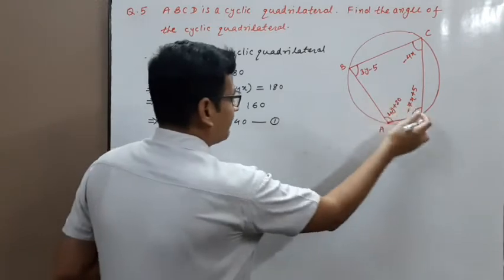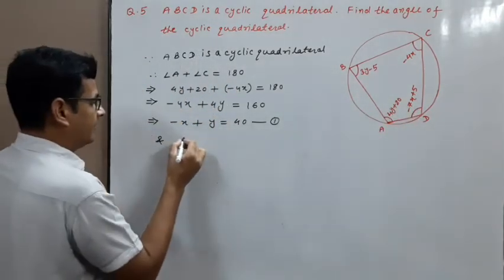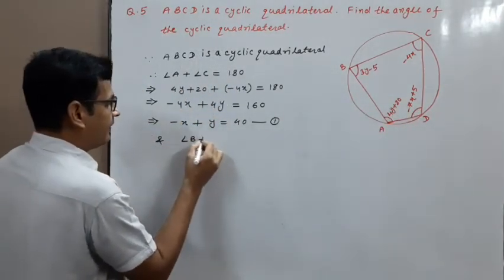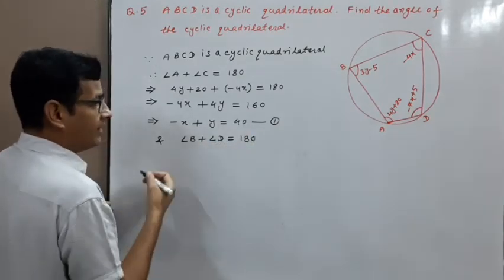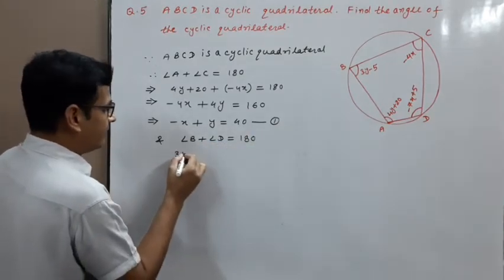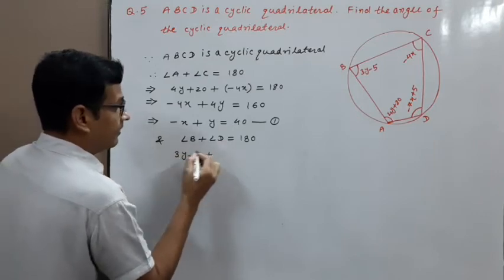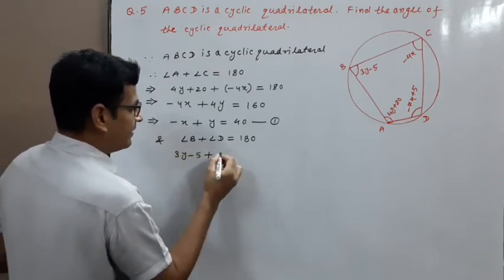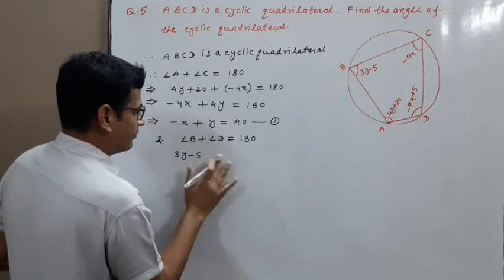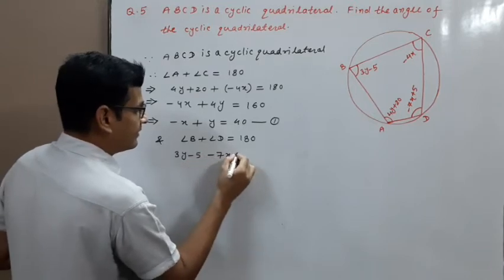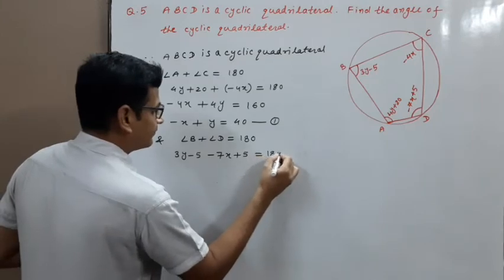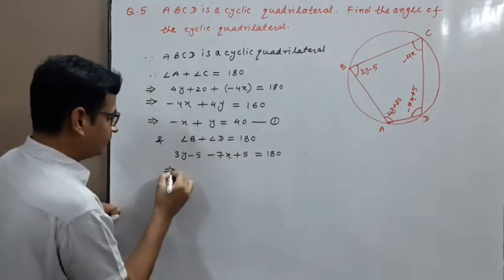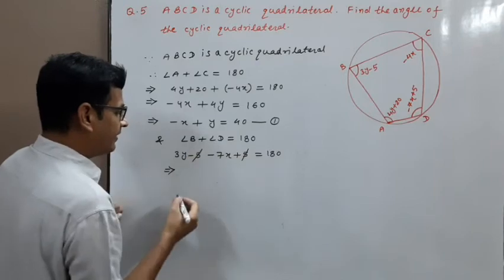And angle B plus angle D also equal to 180 degrees. Angle B is 3y minus 5, angle D is minus 7x. So write minus 7x plus 3y minus 5 is equal to 180. 5 and 5 cancel.